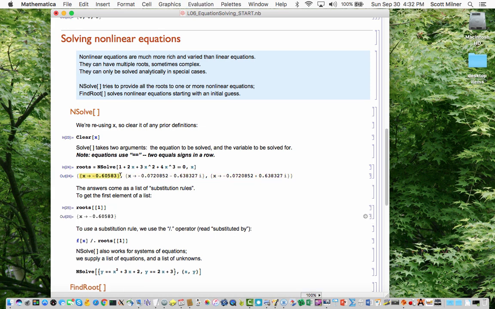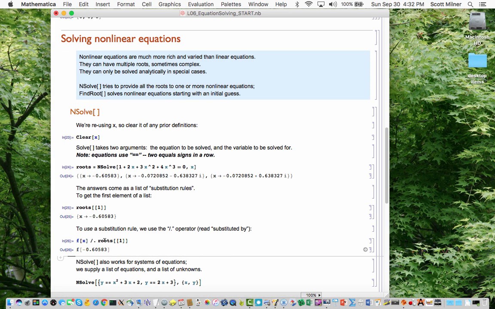These double square brackets give me the first element of a list, and so roots sub 1 is the first of these substitution rules. And the way you use a substitution rule is in conjunction with an operator written /., and you can read that as substituted by. So f of x substituted by the first of these substitution rules will replace this x here with this value there.